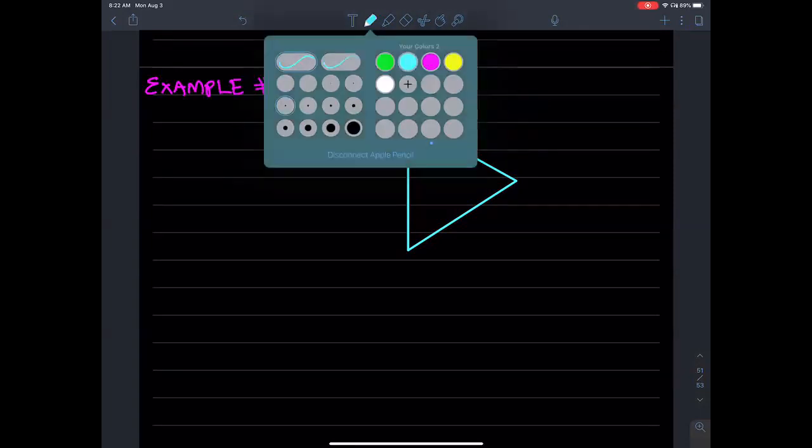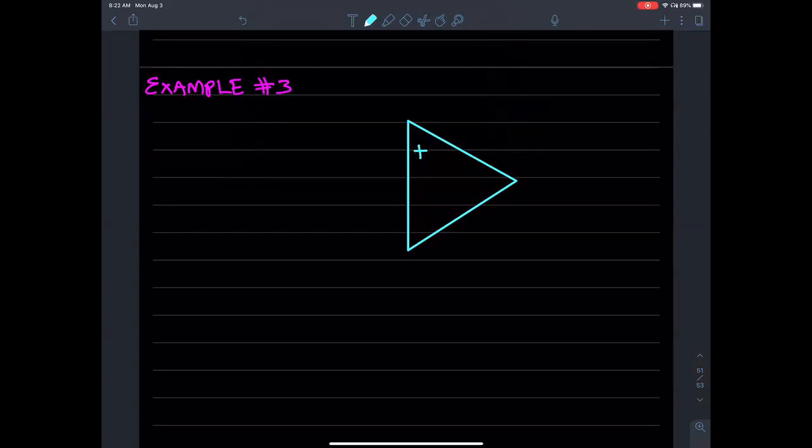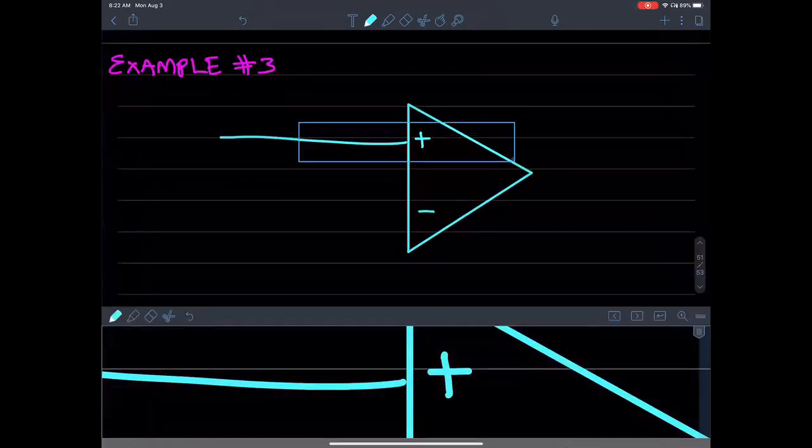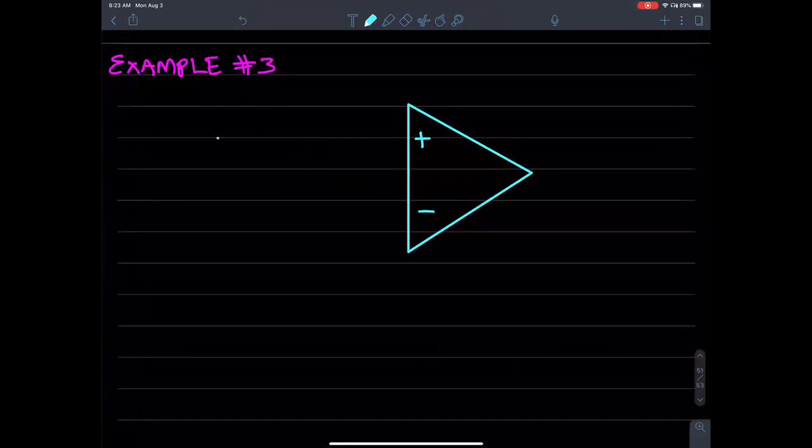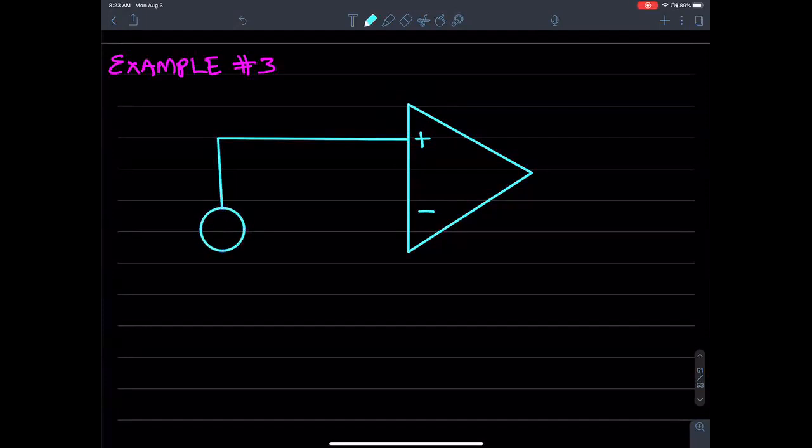There is the positive terminal on the top. There's a negative terminal on the bottom. The positive terminal is connected to a positive signal of 2 volts.